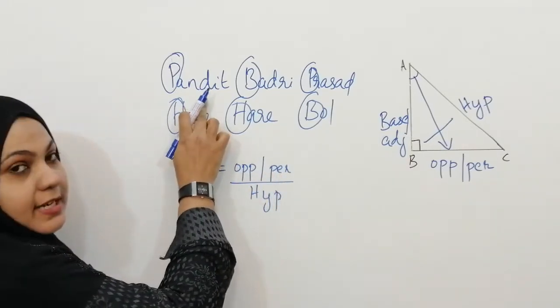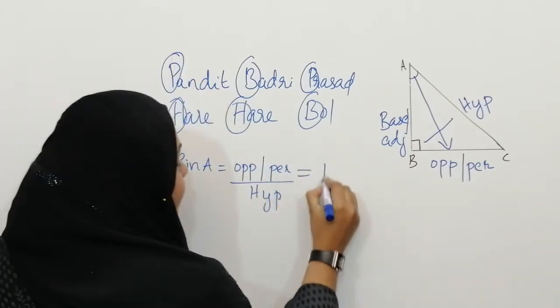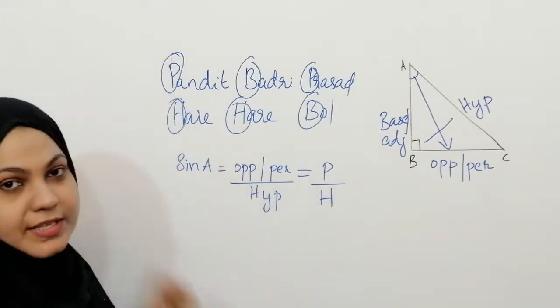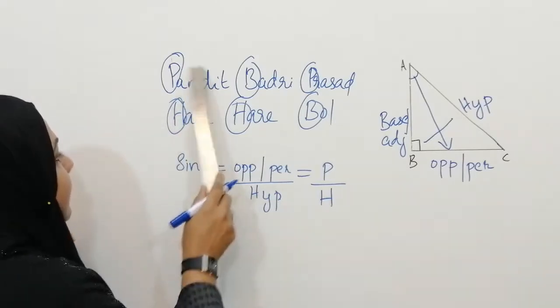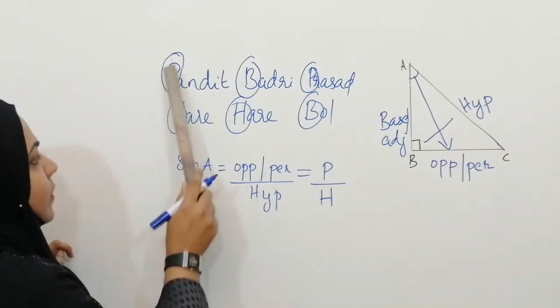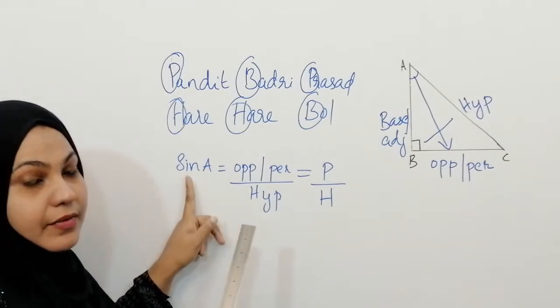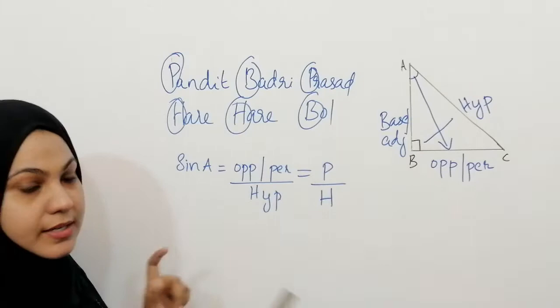What is the first letter of Pandit? P. And the first letter of Hare is H. So P by H is sine. According to the reference angle, your side will change but the formula won't change.